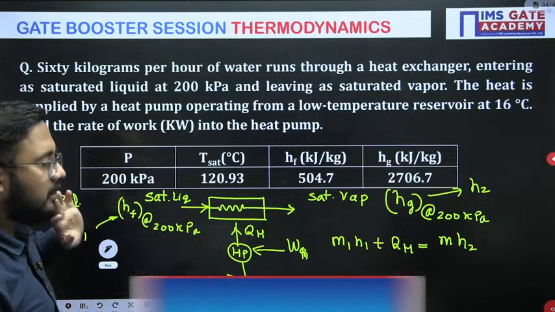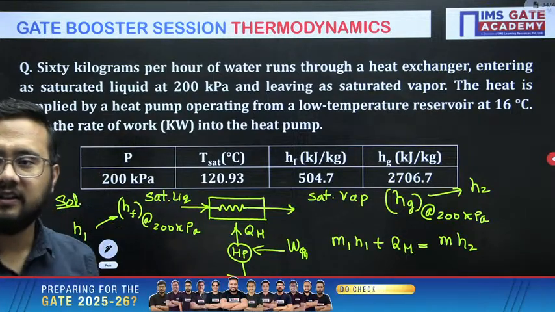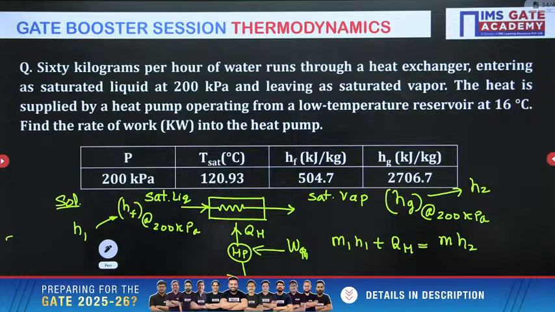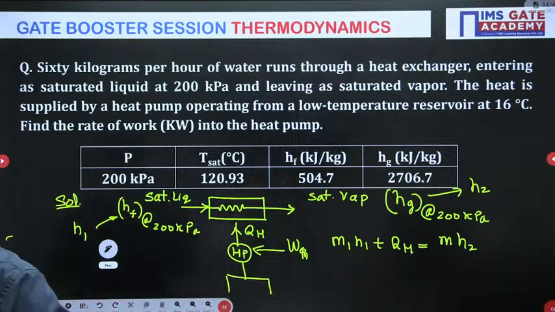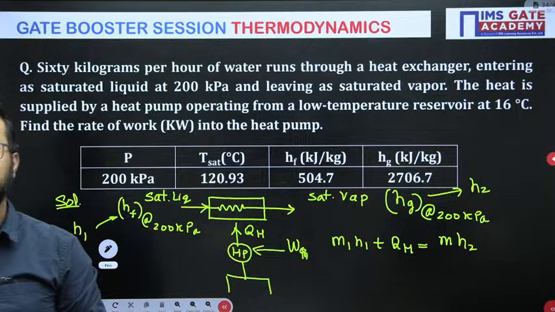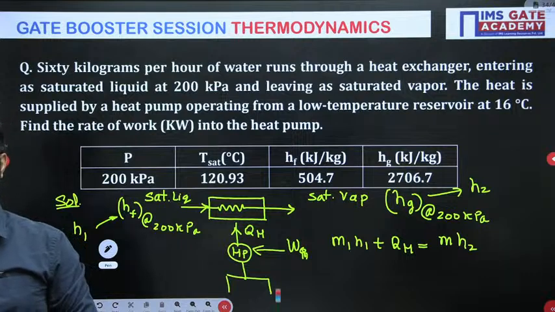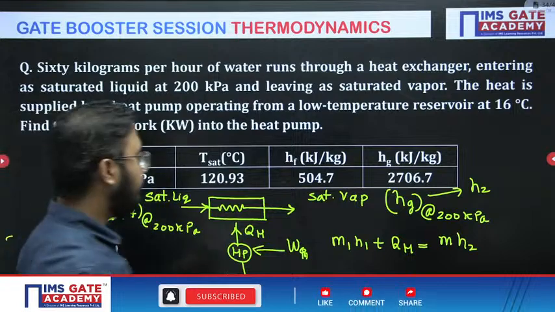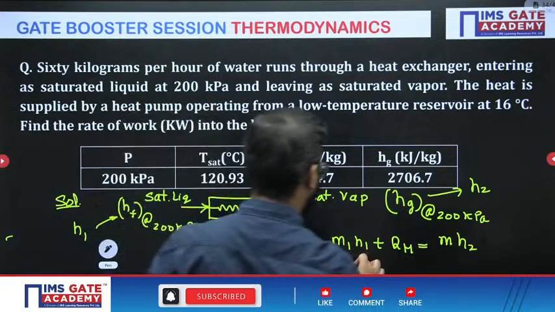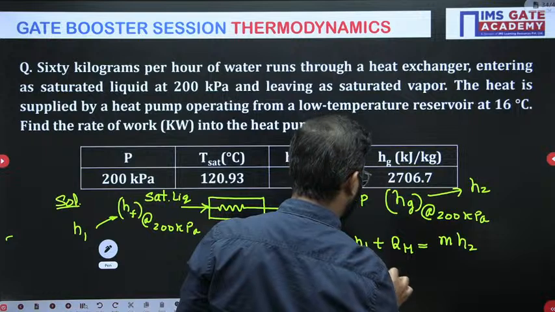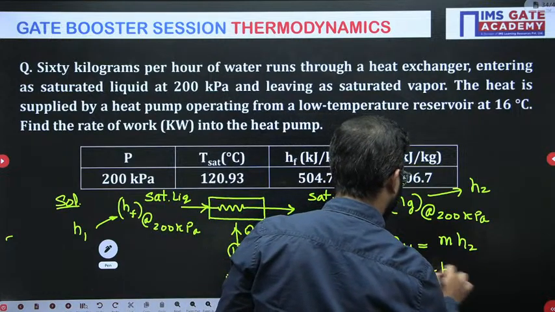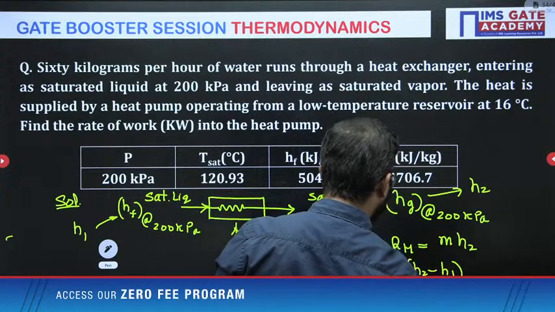They have given this information. I found efficiency through the temperature and then heat rejection through Hf and Hg. Correct, correct. Yes, Ashok, that is what we have to use. Absolutely correct. Now, if I talk about the QH value, because this QH we have to calculate first now. So, M times H2 minus H1.